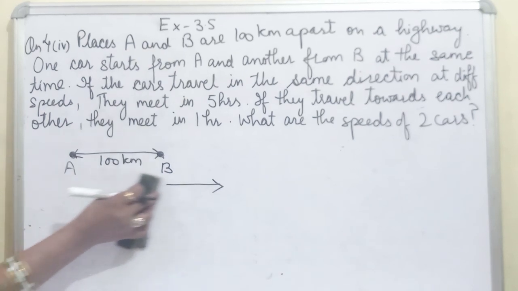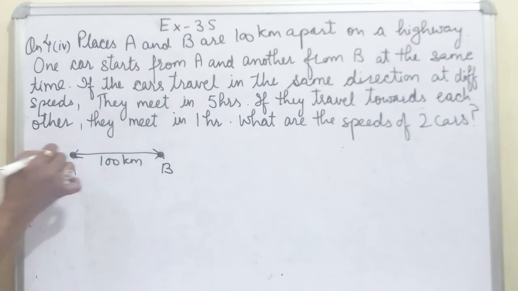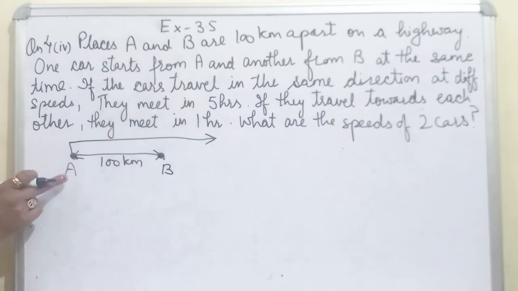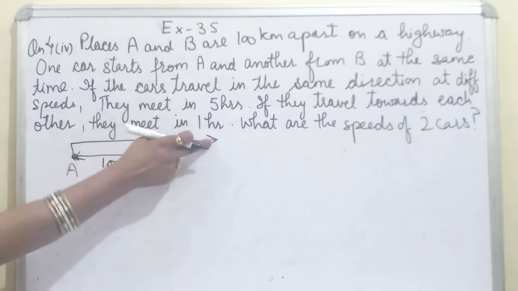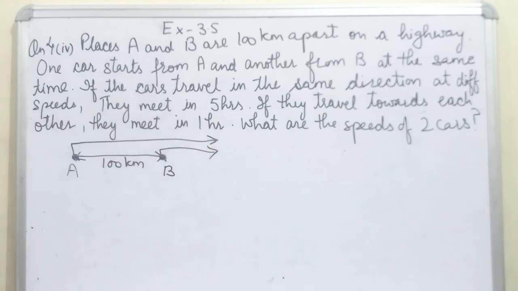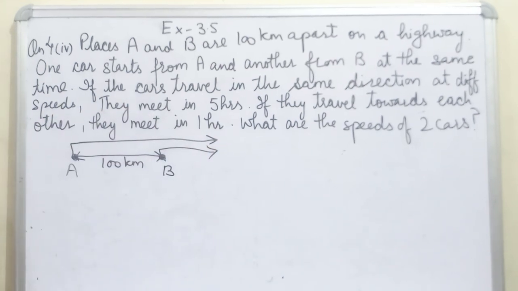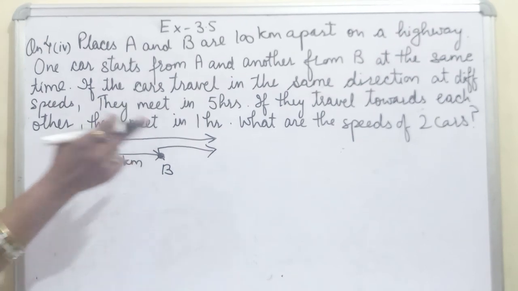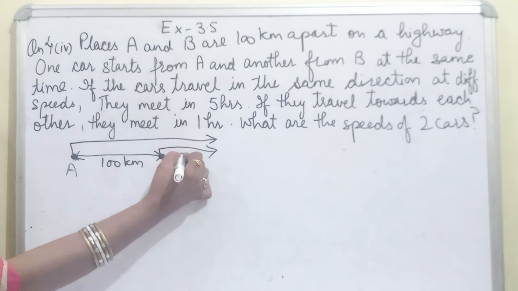Let us suppose the cars are moving in this way. Car from place A is moving in this direction and from B it is moving in this direction. If they are moving like this, then they meet in 5 hours.